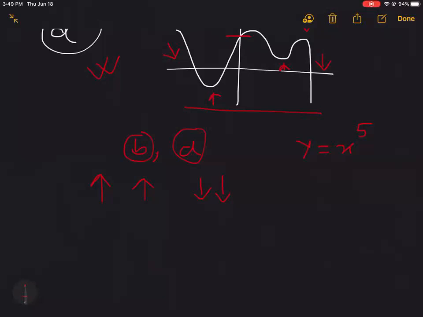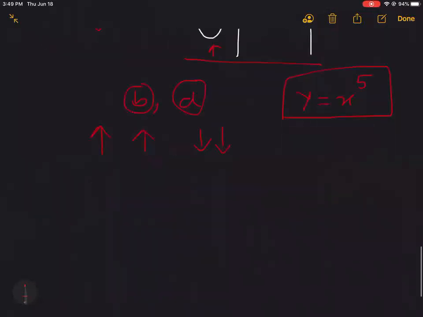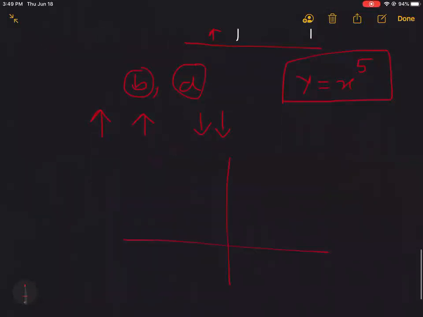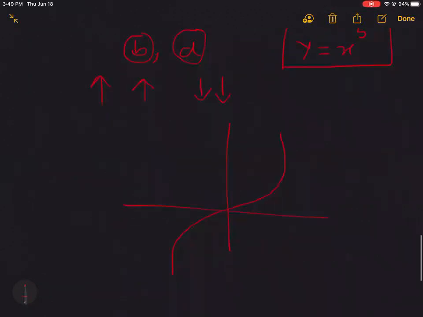Okay, so how does the graph y equals x to the 5 look? If you somehow know that, then the rest is done and dusted. The graph of y equals x to the 5 looks like this. It doesn't look exactly like this, but what I mean is that it's on the increase.